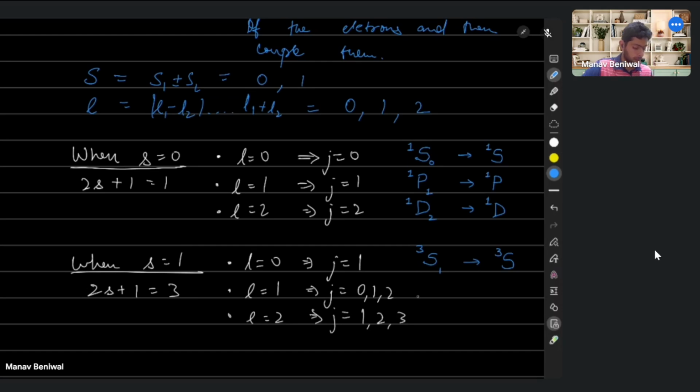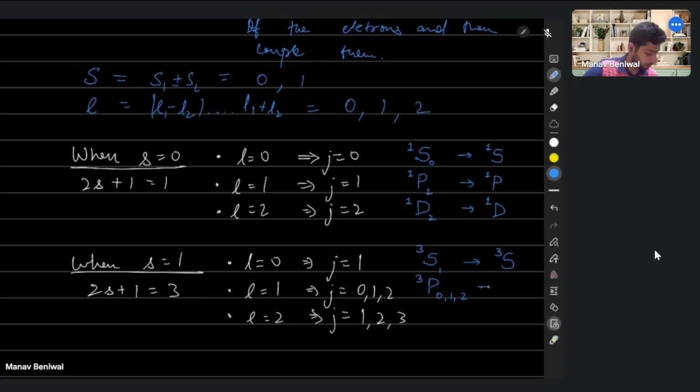Okay, so again 3 because S is 1, L is 1 means P, and J can have all these values 0, 1, 2. That is why we have 3 here, because this is known as multiplicity, which means that J can have 3 possible values, and this rule does not hold for S orbital, where J will always have just one value.